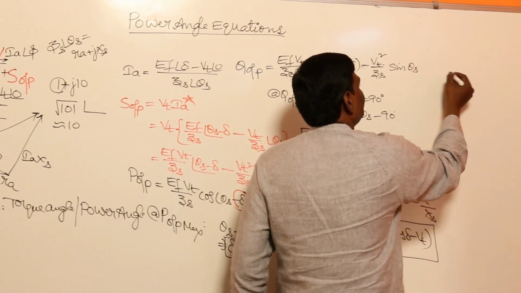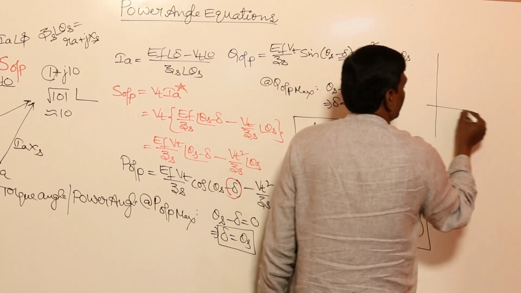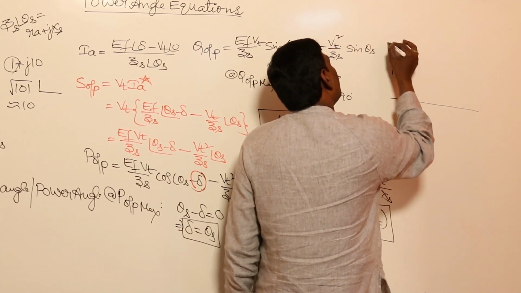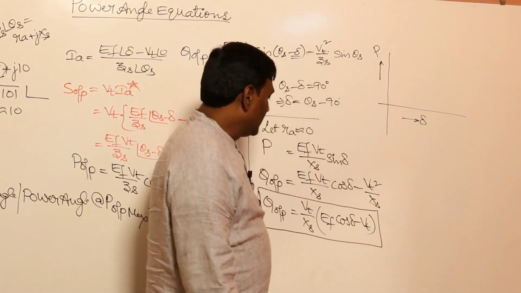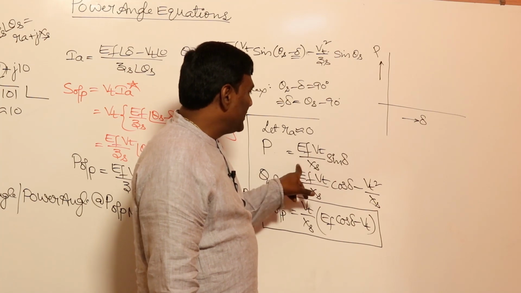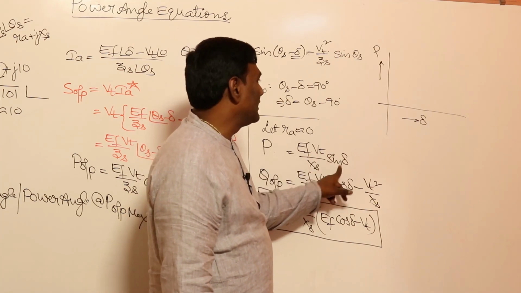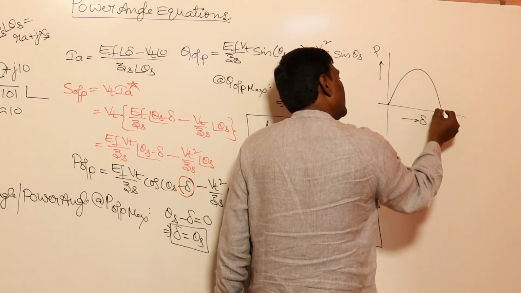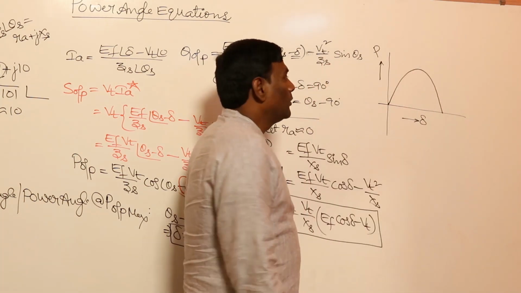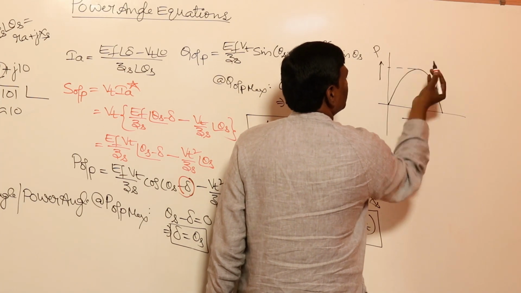For example, if I think of P with respect to delta, what is this? EF Vt by XS sin delta. So with respect to delta, it's going to be sin delta. What is the maximum power?